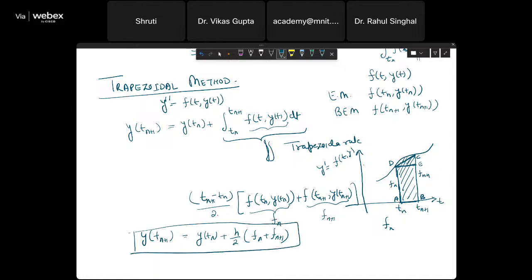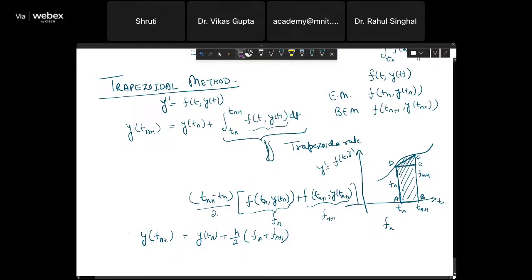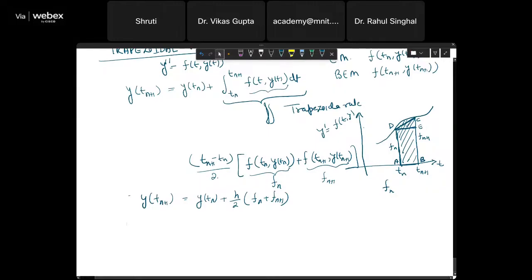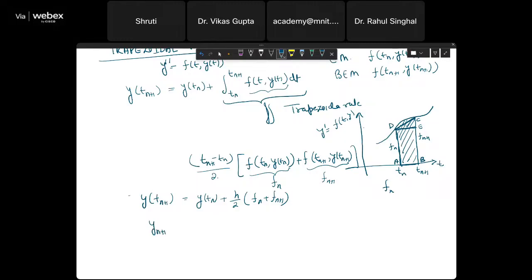Note that I am writing this for the actual values, so I first have to replace them with approximate values, and then I can call it a numerical method. Please pardon me. After replacing these actual values with approximate values, we will write down the numerical method.